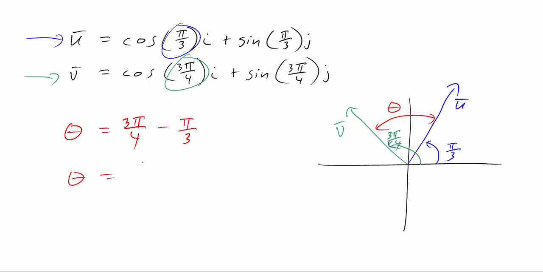So in that case, with a fraction here, we need a common denominator of 12, so 4 into 12 is 3. 3 times 3 is 9, so we get 9 pi over 12. 3 goes into 12, 4, so times pi, that would give us 4 pi over 12. So therefore, if we subtract, we get 9 pi over 12 minus 4 pi over 12, so we would have 5 pi over 12. So that gives us the angle between the two vectors.